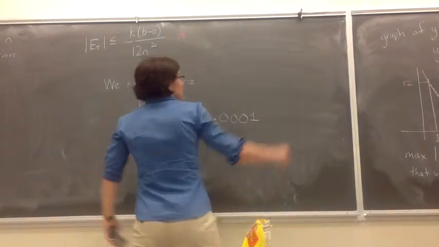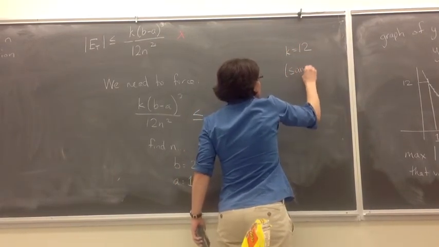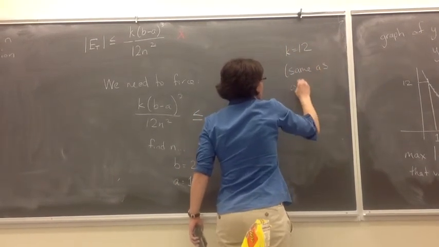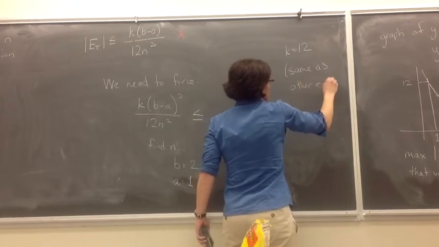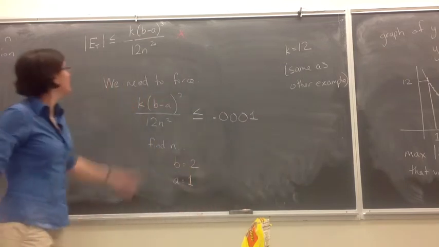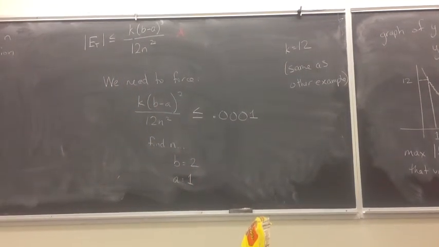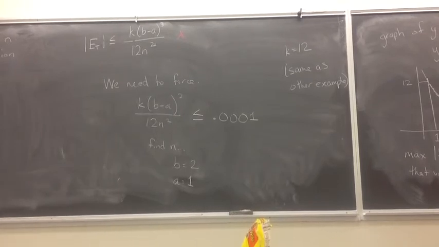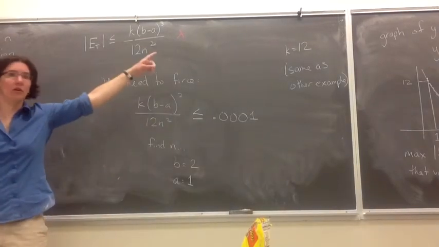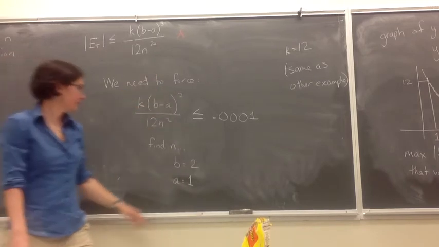In this case, k is equal to 12, the same as our other example, because it's the same function, same f of x, same boundaries, everything is the same, so our k value is the same. Otherwise, we'd have to redo that whole example, find the second derivative, graph it, all that kind of stuff.